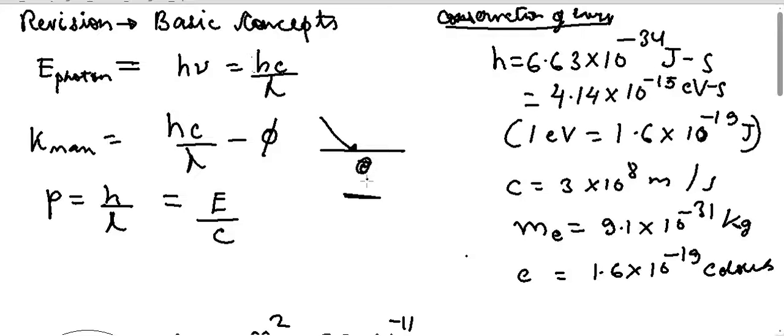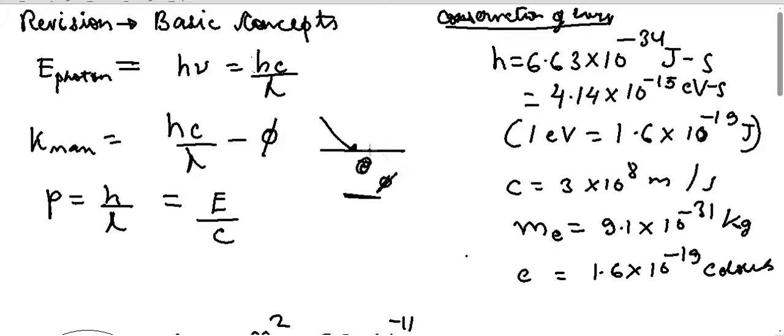To overcome that force, it needs a minimum energy of phi, which is the minimum threshold energy required to overcome the nuclear force of attraction.